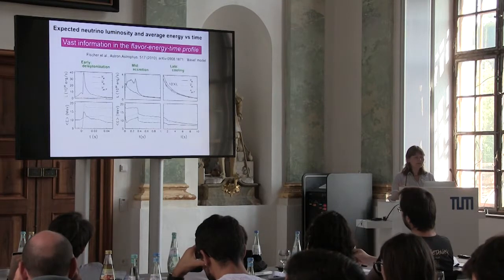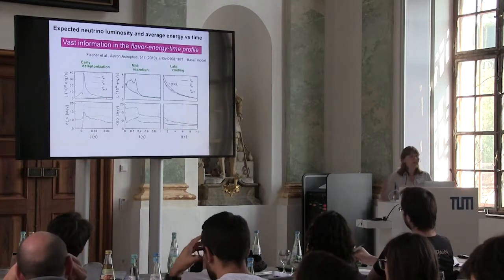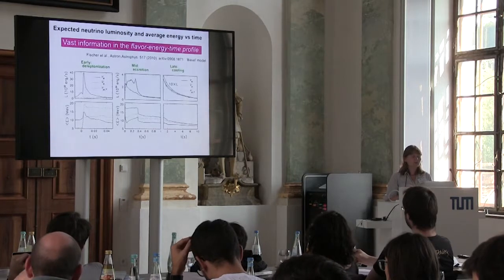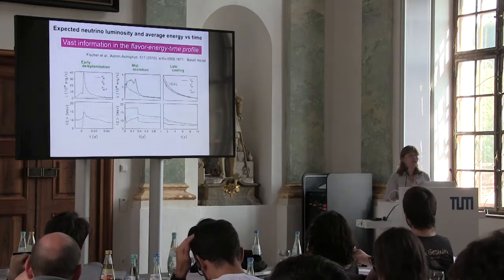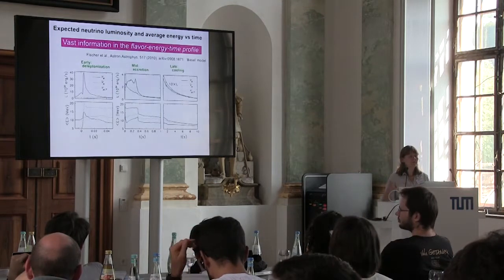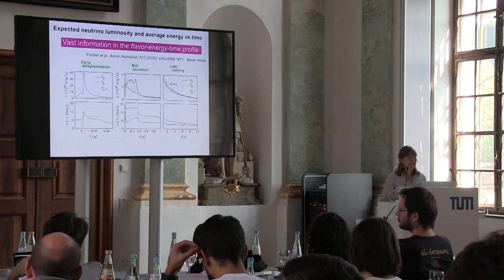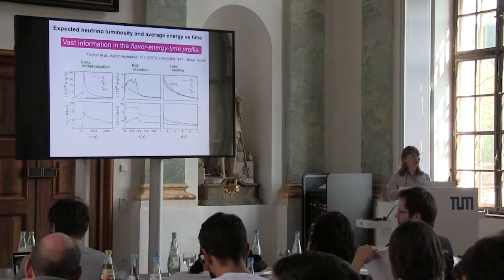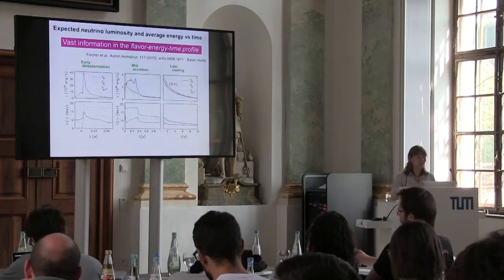There's enormous information, and the information we can get at experimentally is the flavor of the neutrinos that come out, the distribution of their energies, so their spectrum, and how those vary in time. So the profile in flavor, energy, and time is essentially the observable that we can get at. Of course, we want to know it in fine-grained detail, but in real life you can only do what your detectors can do for you.